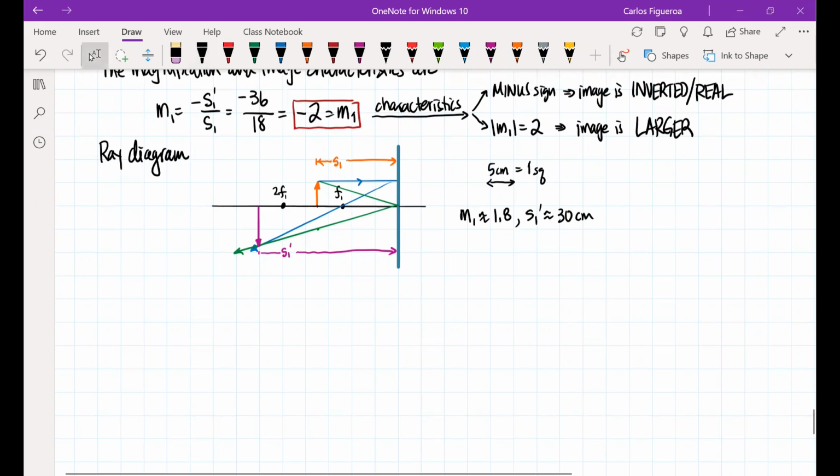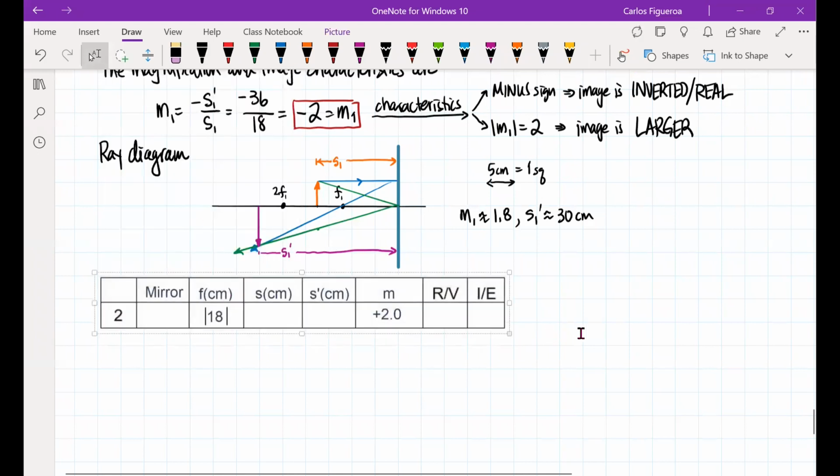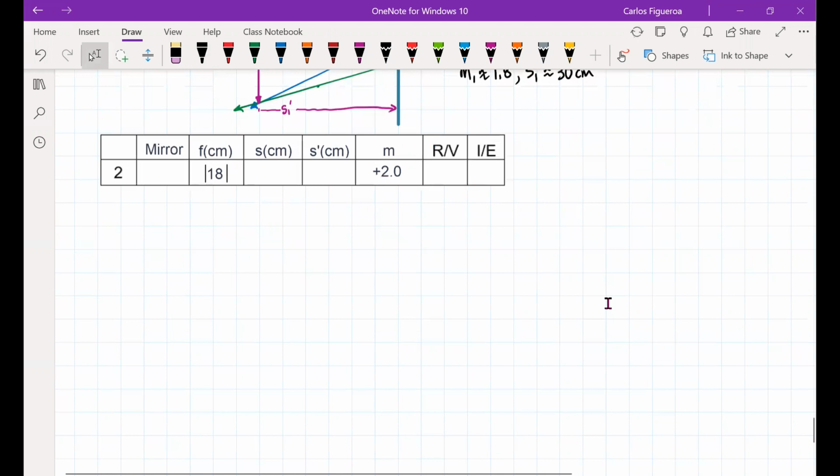Okay, so the next thing we want to do is that we want to go in and look at mirror number 2. So pasting this in, let's do mirror number 2. Now, what do I know about this guy here? If I look at the magnification, note that the magnification is positive and larger than 1.